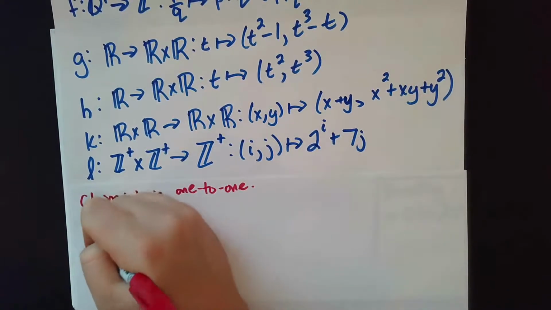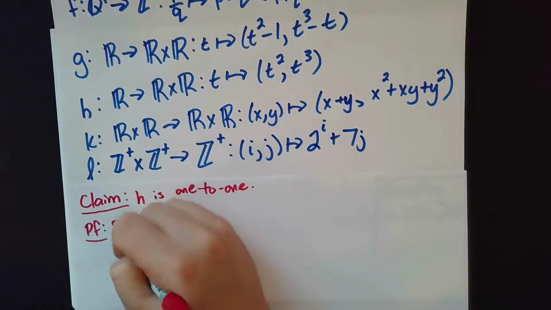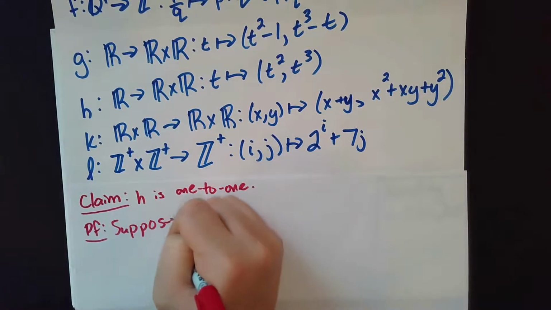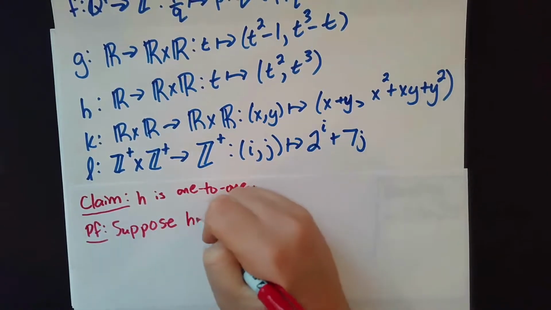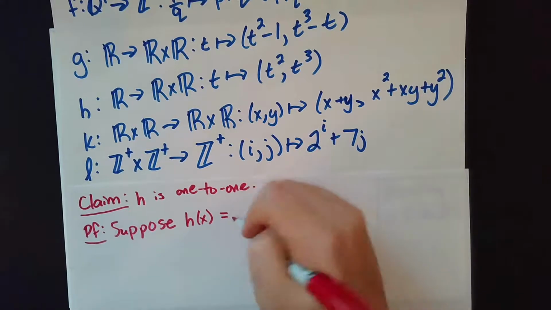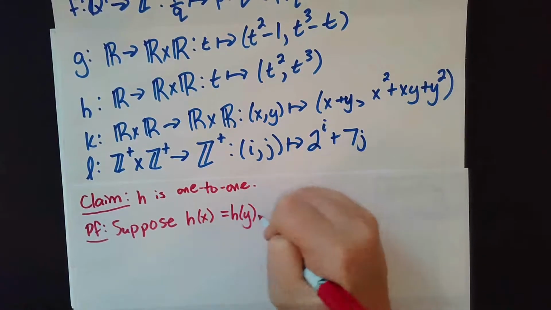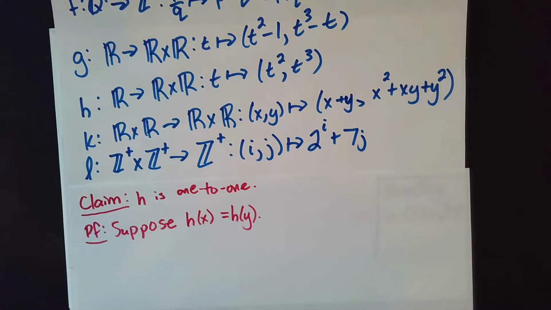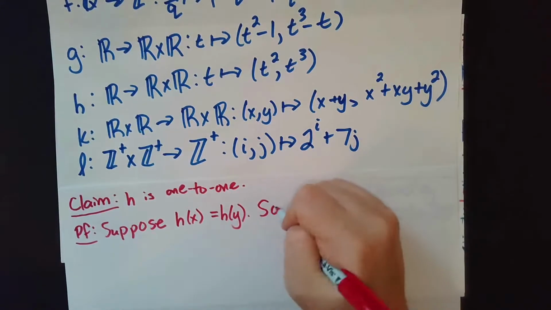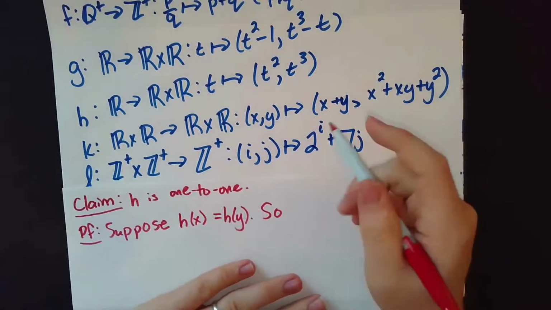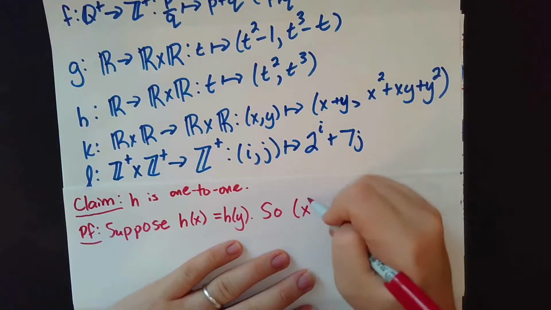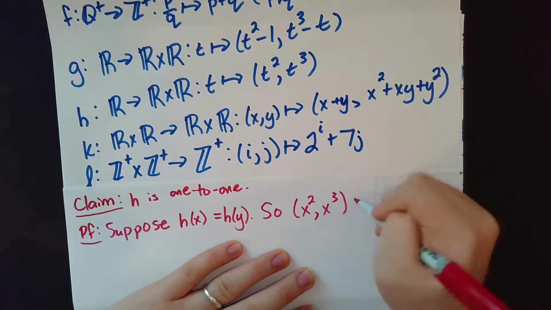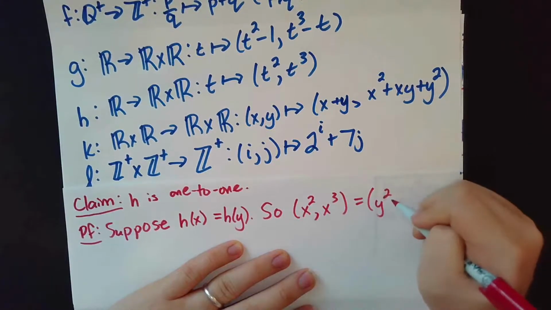Okay, so let's suppose that h of x equals h of y. And so what does that tell me? That tells me that x squared, x cubed equals y squared, y cubed.